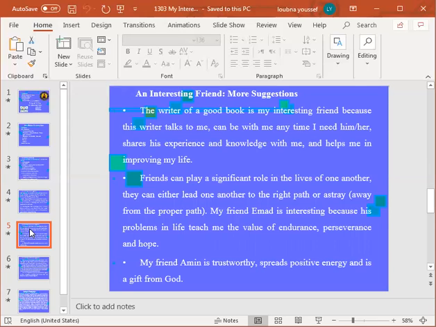Number 2, this writer can be with me anytime I need him, all right? Because a book is your companion and you can read the book whenever you are free. So this is number 2. Number 3, shares his experience and knowledge with me.